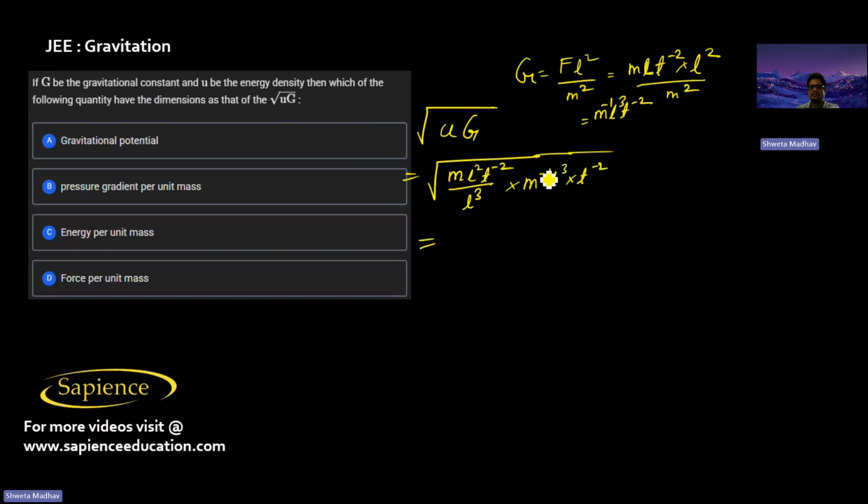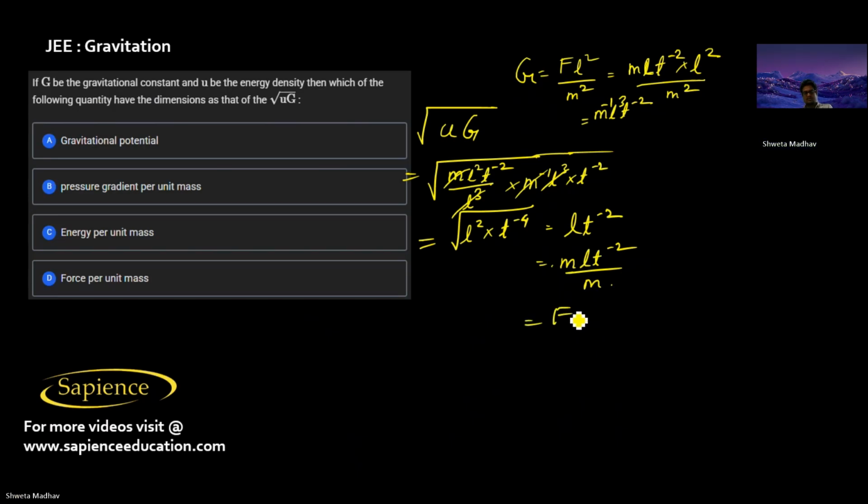So this M power minus 1 will get cancelled, and L cube also will get cancelled. So this is L square into T power minus 4, whole power half. So this is L into T power minus 2, L by T square, which is MLT power minus 2 by M, I can say. It is actually force per unit mass.